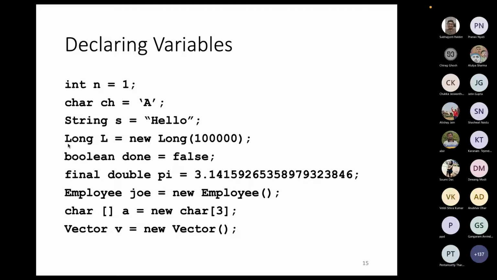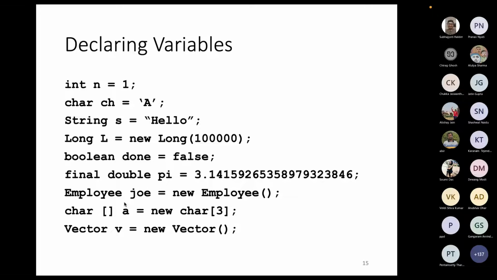So this Long is a class. Every class defines a user defined type. Every time you define a class, you also define a type. For example, Long is a type, and here Employee is a type. So you can define types like this in Java. This is one of the features which must be supported in order to support object-oriented programming.